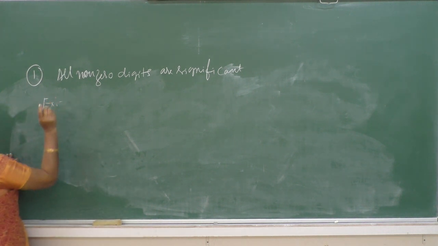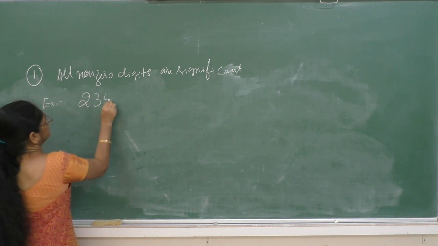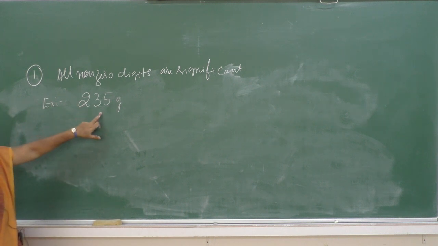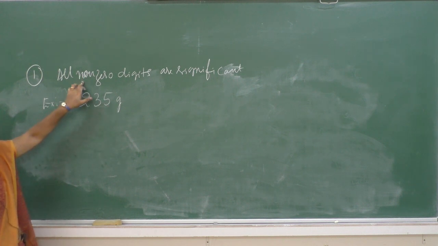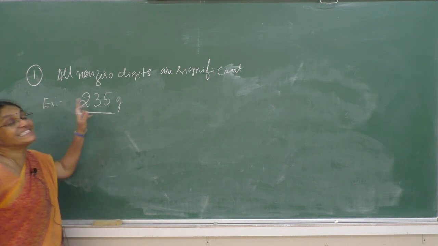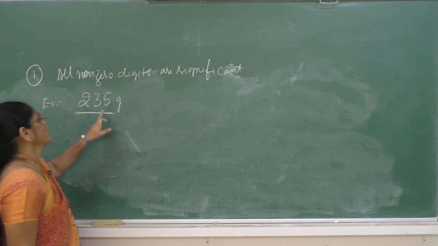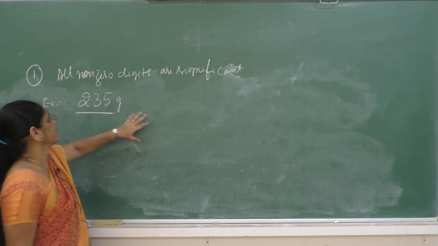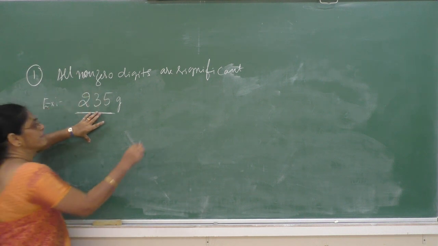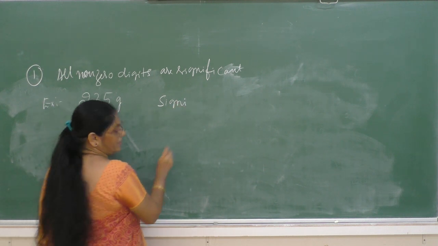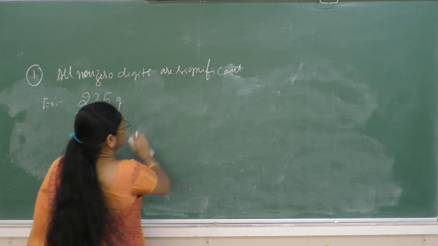For example, 235 grams. In this number, all the digits are non-zero. All the three digits are significant. So how many significant figures are there in this number?